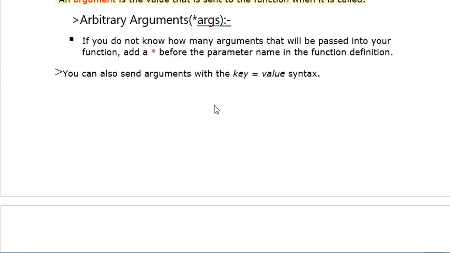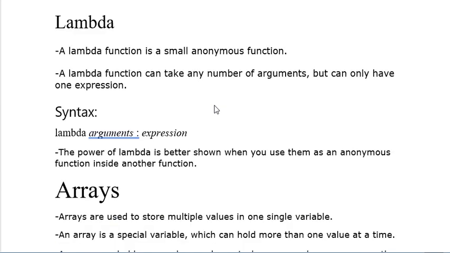Similarly, in this also, we can take any number of arguments, as many as we want. But for those arguments, it should have only one single expression. For the one expression, we can take as many arguments as we want.